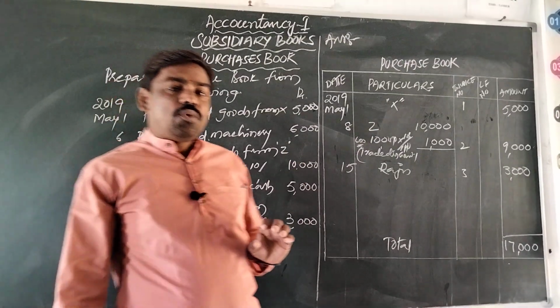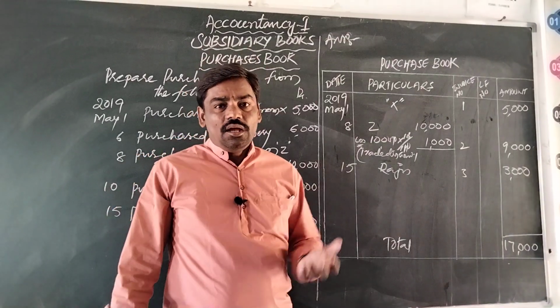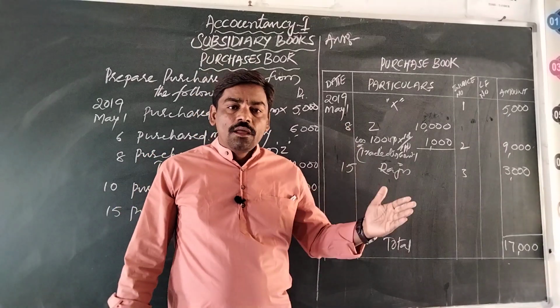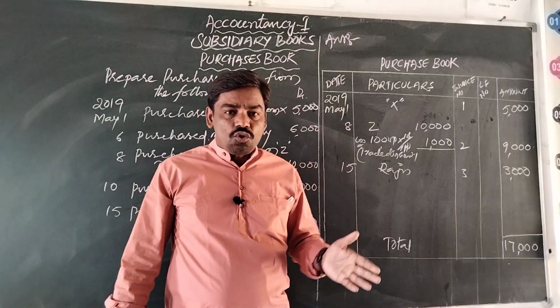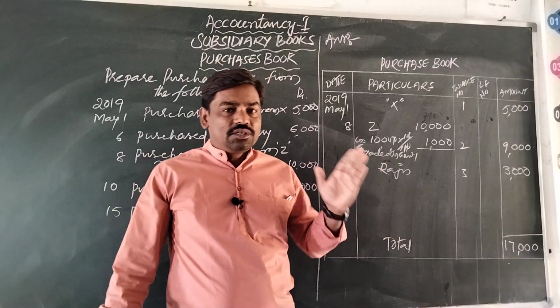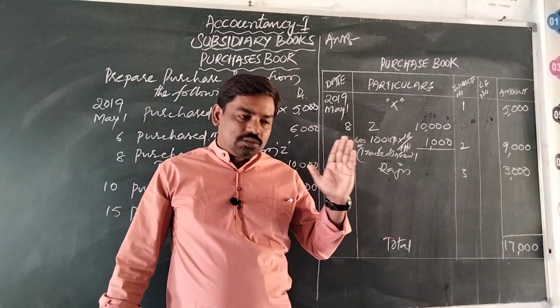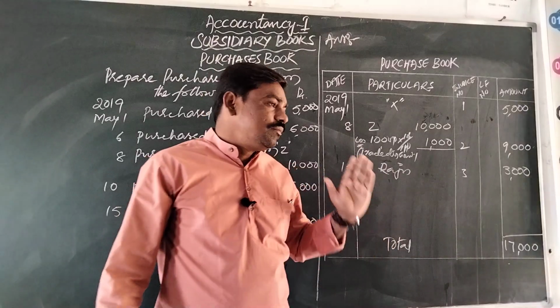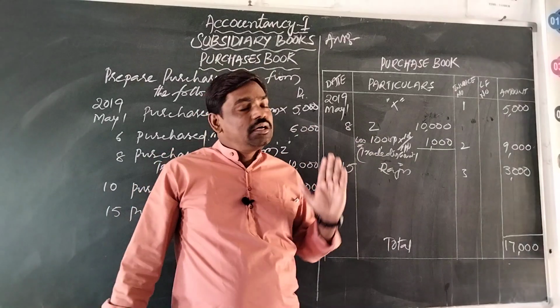Okay, so that is the next point. And here one more point, that is inward invoice. Inward invoice is a document which is prepared and sent by the supplier along with the goods that we purchased. In this document we can find the details of the goods that we purchased, the price of the goods, the quality of the goods, the quantity of the goods, transportation, mode of transportation, and packing details.